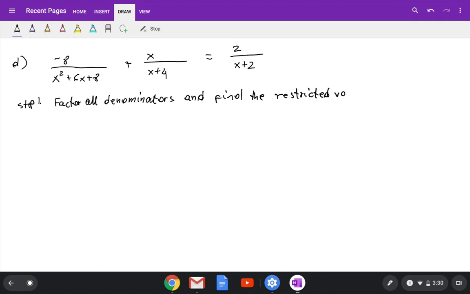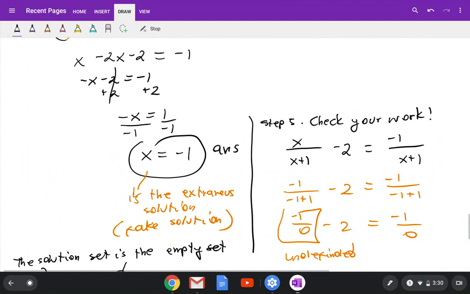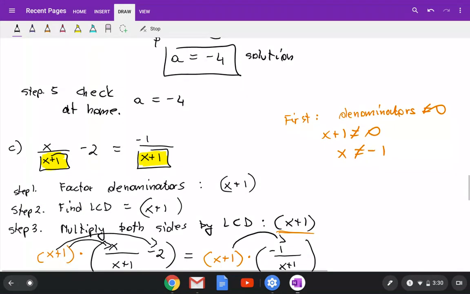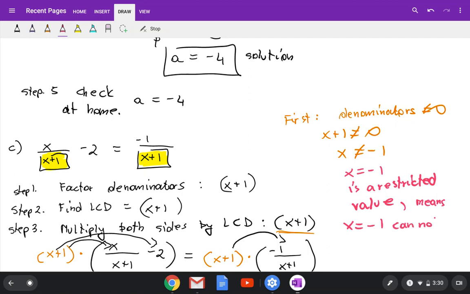So going back to the previous problem, right here, x equal to negative 1 is a restricted value. Restricted value means x equal to negative 1 cannot be a solution.